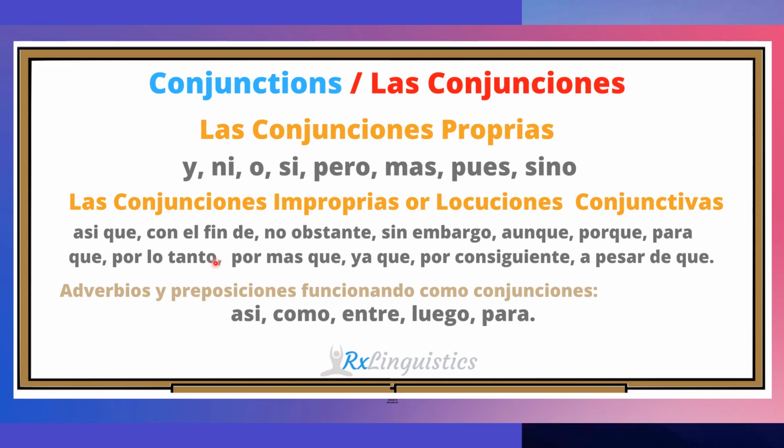So you'll see them in the role of joining sentences, joining clauses, joining phrases, depending on the level of the sentence. If it's a simple sentence, you won't see these often. In compound sentences, you come across them.